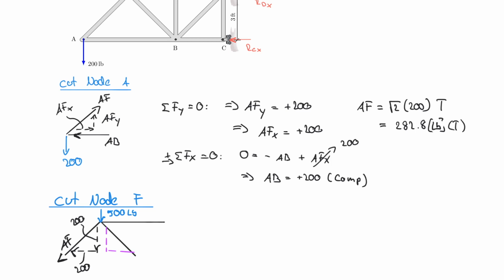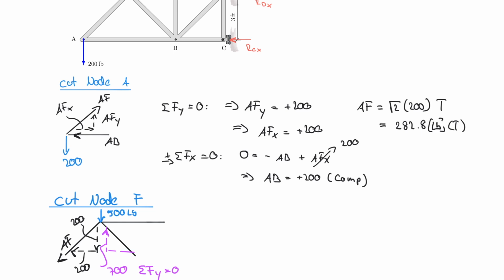So the only thing that can happen now in the vertical direction that balances this 500 and this 200 down, which together are 700, the only thing that can balance this is my vertical purple line here. So I don't even have to really write out my equations anymore, if I really understand this. I understand that this must be 700. So that is 700 due to the sum of the forces in y being equal to 0.